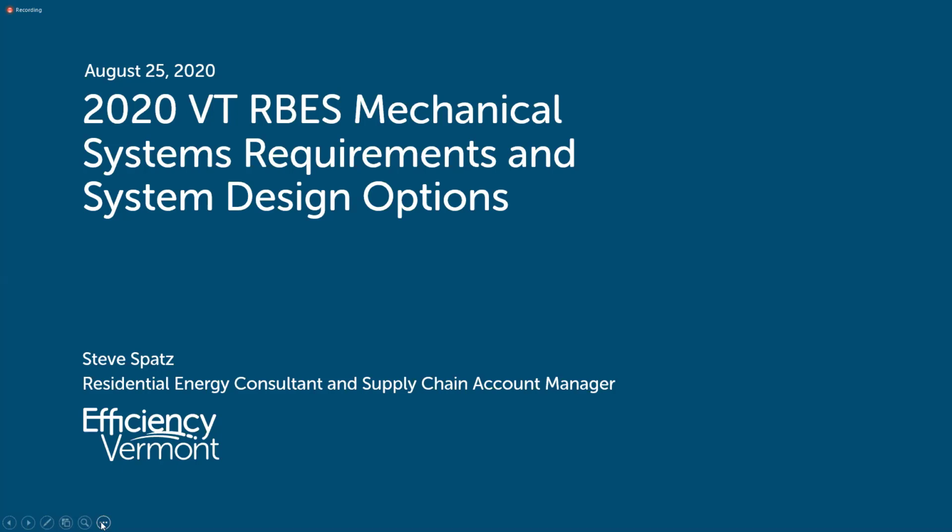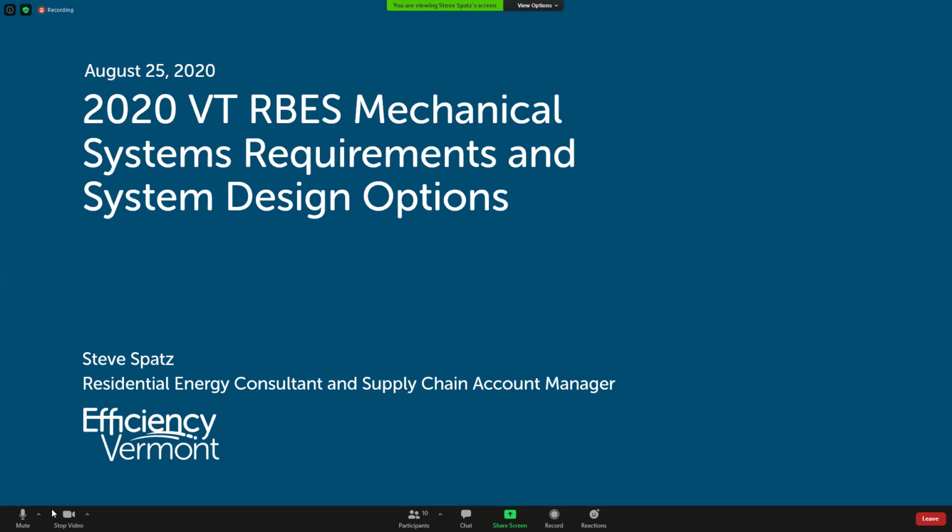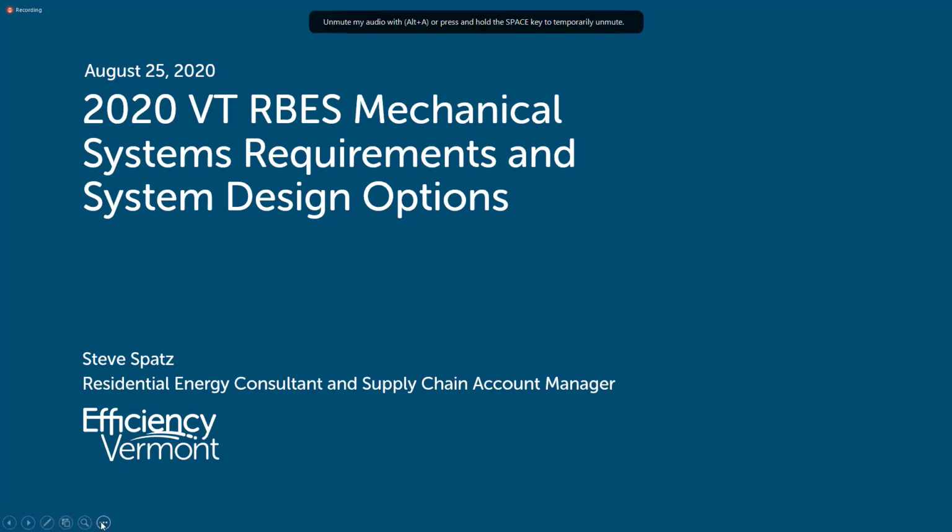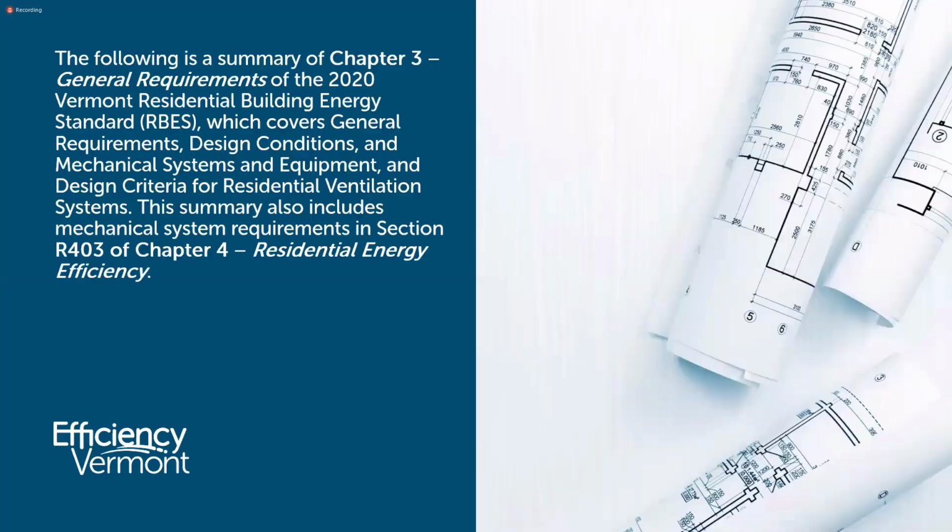So yeah, as Chris said, we're going to cover the mechanical system requirements and then start to go into a little bit more detail about modern equipment options and some of the implications of equipment choice in regard to code, and also what we're seeing out in the market right now and trends of where we're heading equipment-wise.